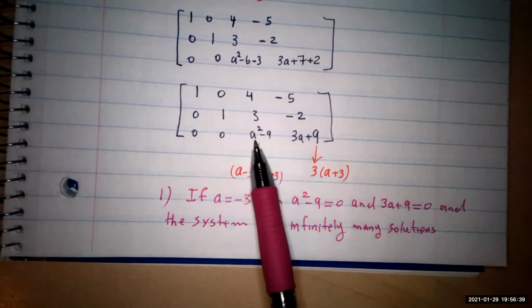That gives you 18, which is non-zero. So we get a situation where this is 0, but this is 18. This means 0 equals 18, which is impossible. We get 0 for the first one, but 18 for the second one. So this would be impossible.